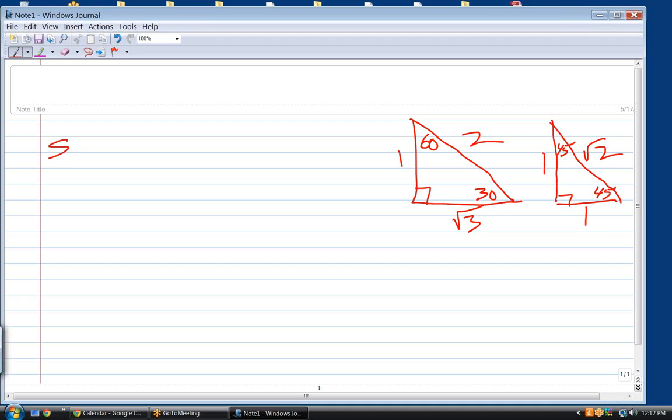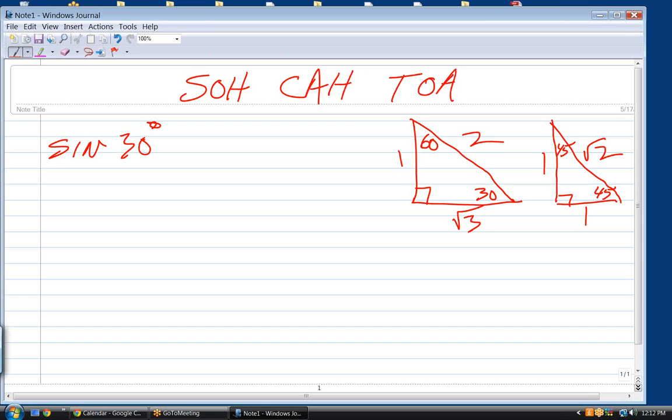So what's the sine of 30 degrees? Would that be using the two triangles? Yeah, you also need this. Okay, so sine is opposite over hypotenuse. Cosine is adjacent over hypotenuse.